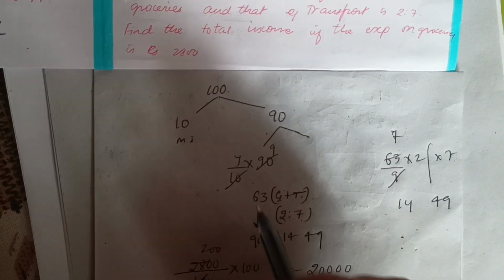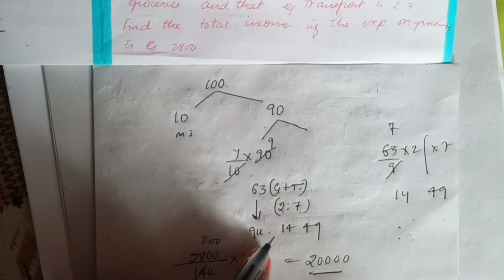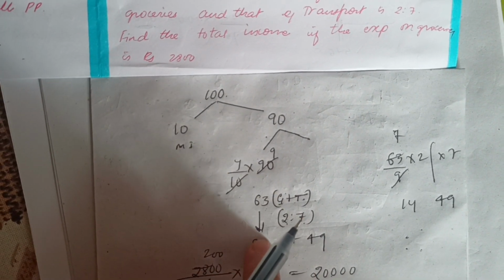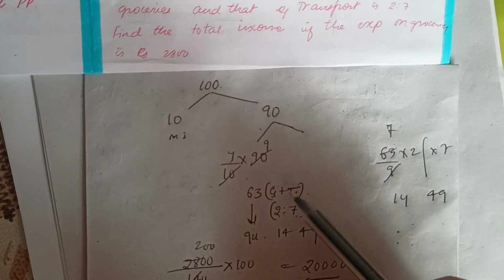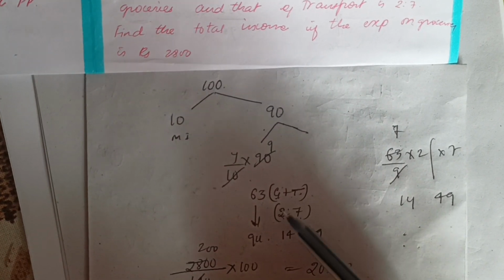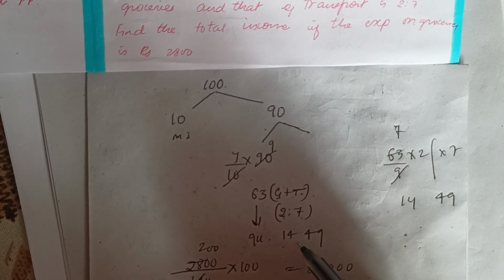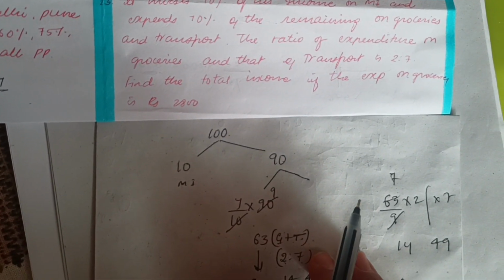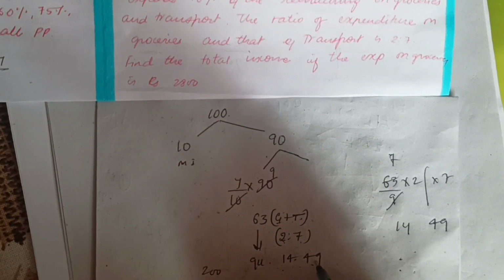So this sum will be 9 units. This 9 unit is equal to 63. Therefore the individual 2:7 will be 14:49, so we got 14 units and 49 units.